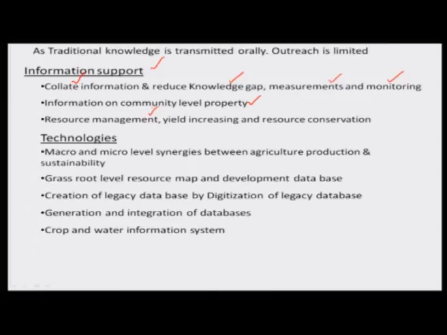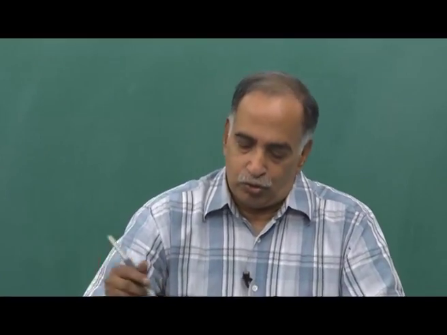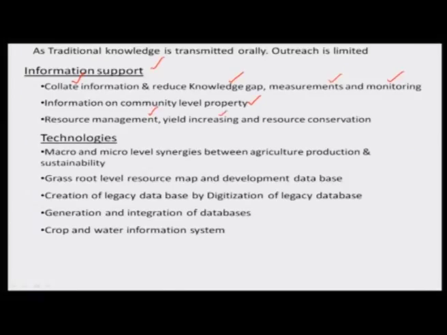Human resources may be measured by the knowledge base in agriculture practices, which needs to be updated at regular intervals to increase the yield as well as in the conservation of the resources. Now, conservation is very good if it is practiced immediately.